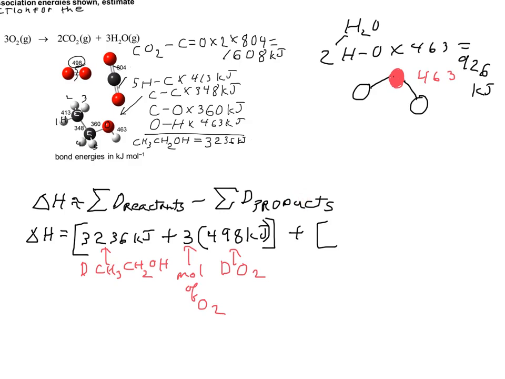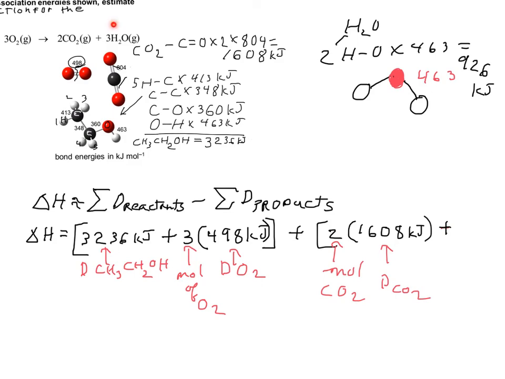In my chemical equation, I have 2 molecules of carbon dioxide. So 2 times the dissociation energy of our carbon dioxide. Plus our dissociation for water.